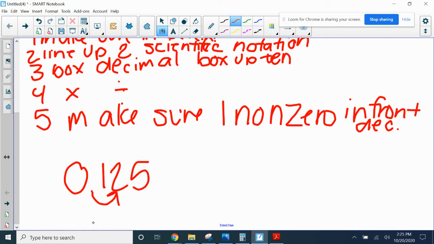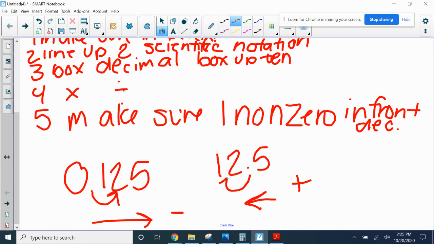When my decimal goes to the right, it decreases my exponent. And then when my decimal goes to the left, it increases my exponent. So if I had 12.5 and I move it to the left, I'm going to add to that exponent.